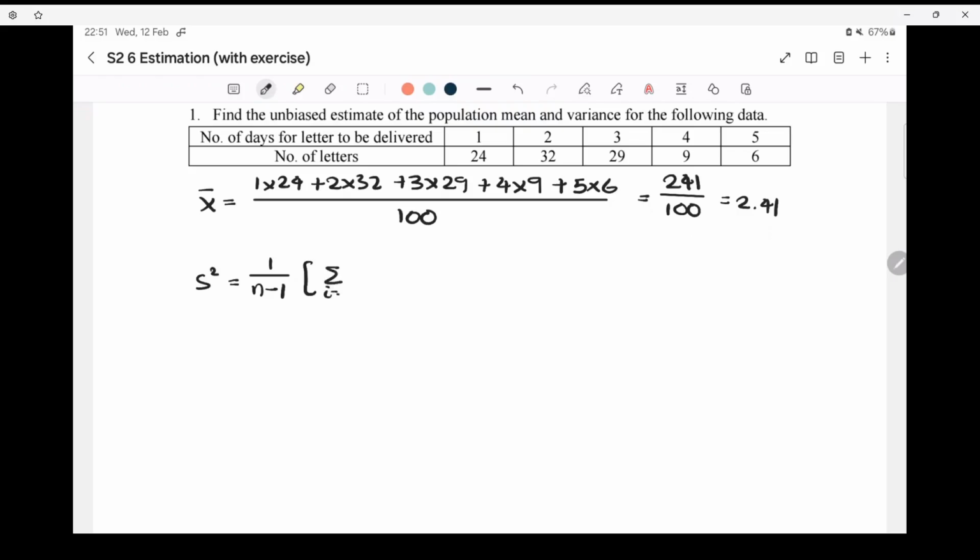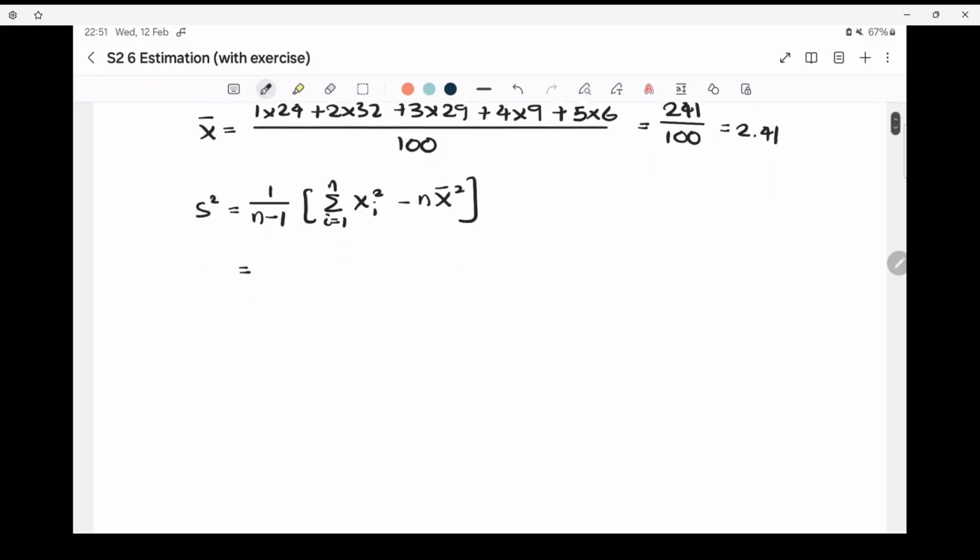the sum of xi squared minus n x bar squared. So we are going to use this formula. So 1 over n minus 1 will be 1 over 99.